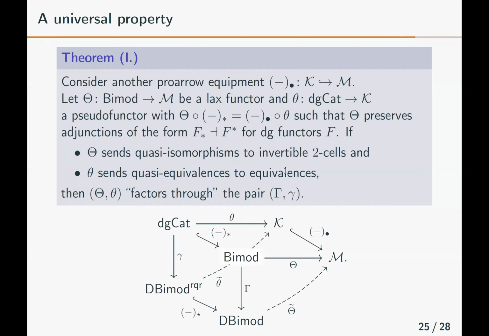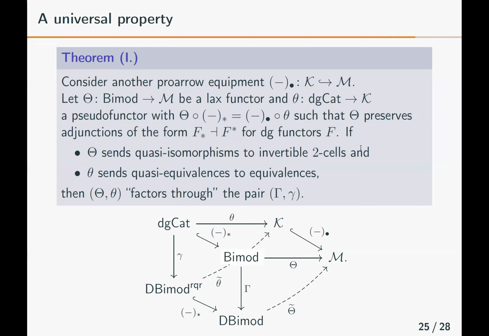Concretely, this means that we are given a lax functor, capital theta, from Bimod to M, and a pseudofunctor, small theta, from DGCat to K, which are compatible with the equipments, and such that capital theta preserves adjunctions coming from DG functors, like this.